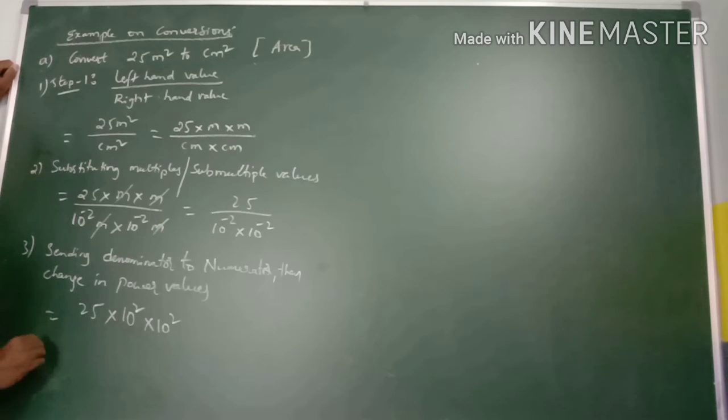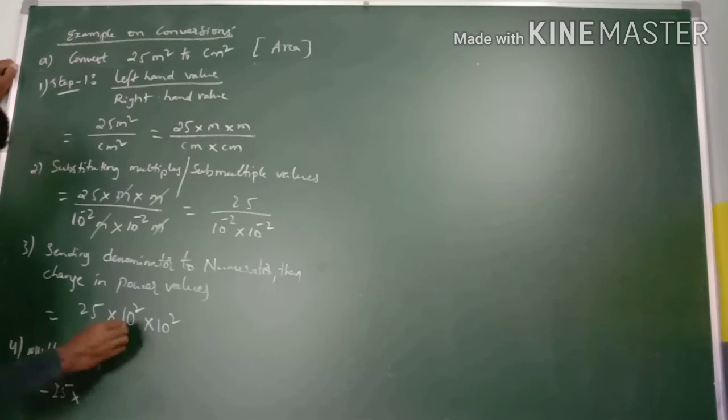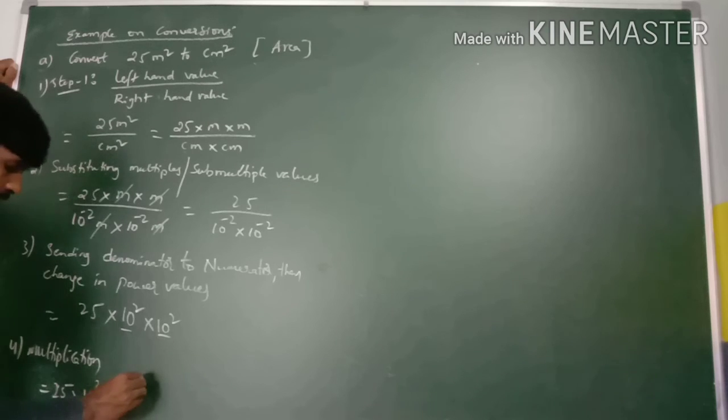Step 4, multiplication. That is equal to 25 into, when the bases are same, what should be added? 2 plus 2.